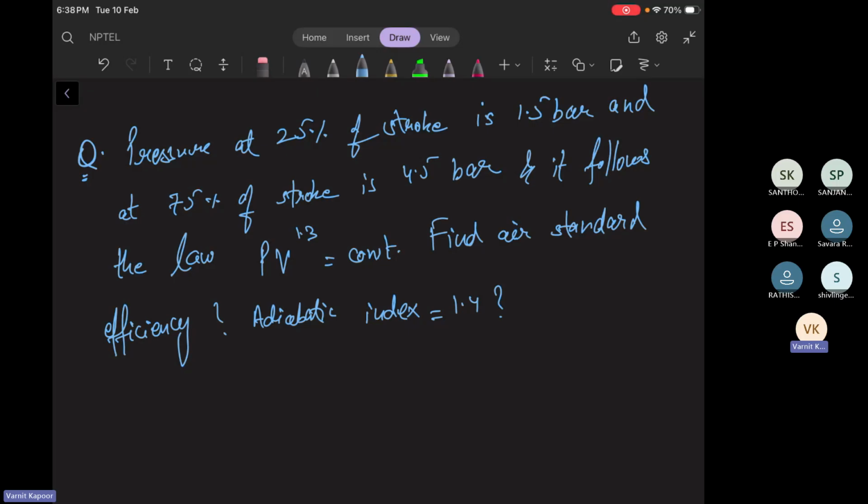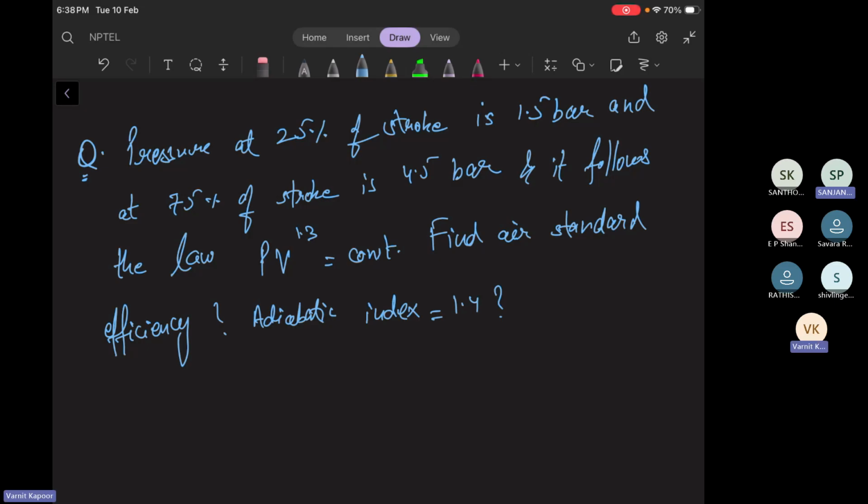Is anyone able to do it? Sir, is it 57.8%? No, it is 58.28%. You can just recheck your calculations. Approximately it will be the same, sir.